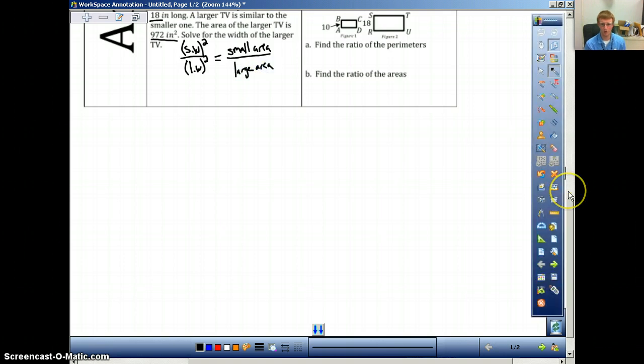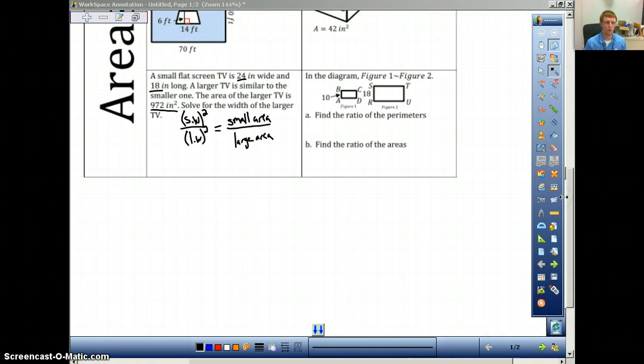Now that we've set up this proportion, we can plug in what we know. Off to the side here, the smaller width we know is 24 inches, so it's 24 squared. The larger width is what we don't know, so we're going to call that W squared. And then we have our small area.